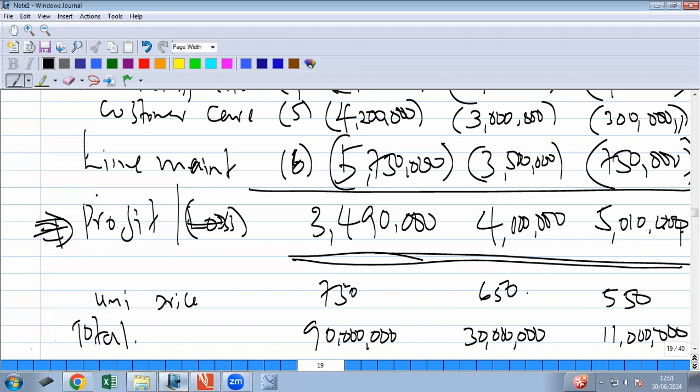That's the addition. Sometimes the examiner can ask you what you should do to improve the least profitable customer. How would you advise?